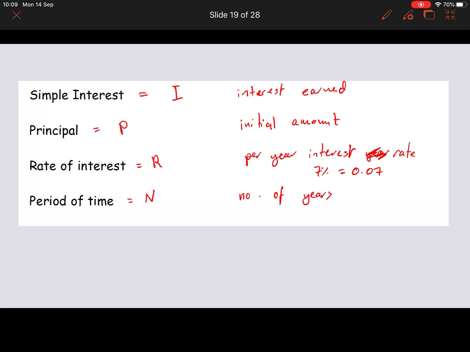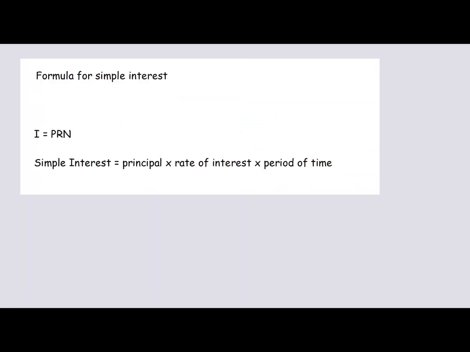Right, and then we've also got the period of time, which I'm going to use the letter N. Usually it's the number of years, but you've got to be careful because we could talk about numbers of weeks or numbers of months. So you've got to read the question really carefully.